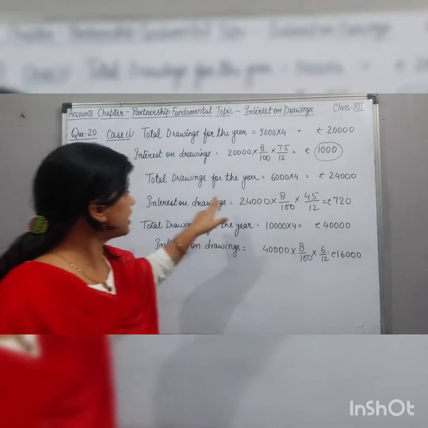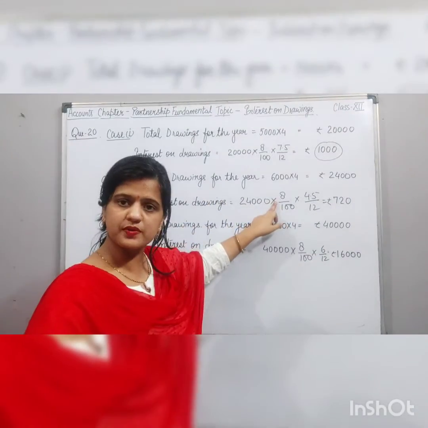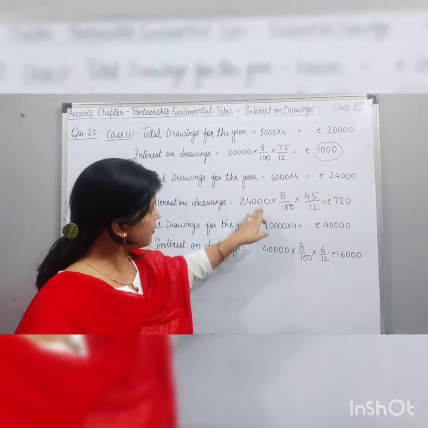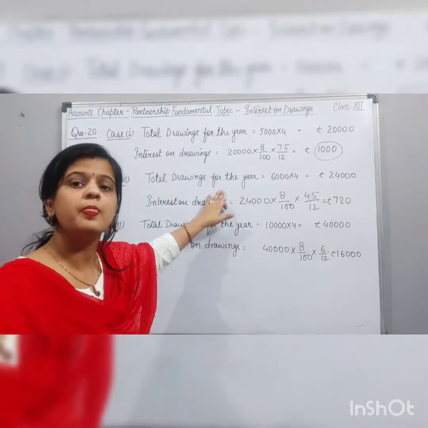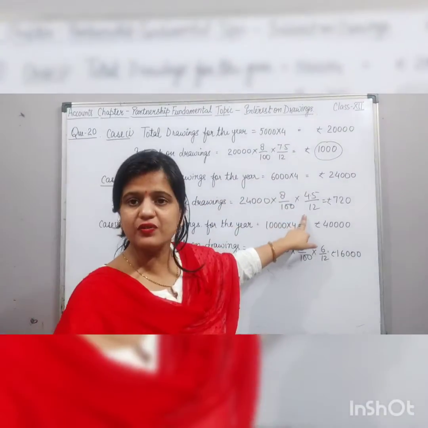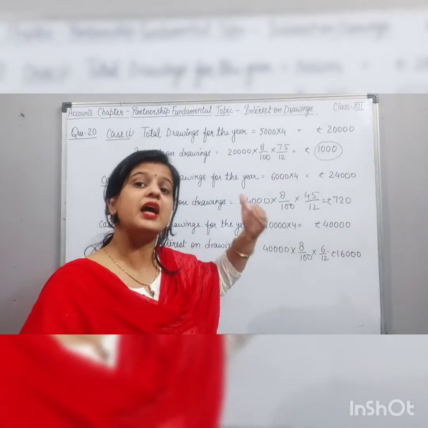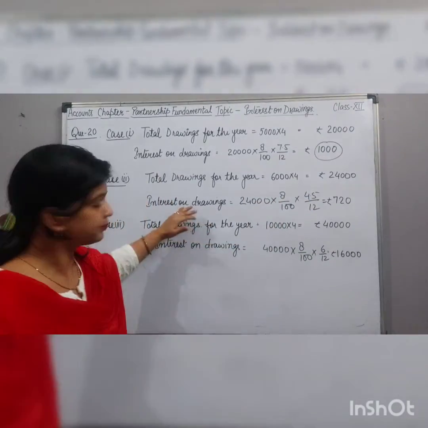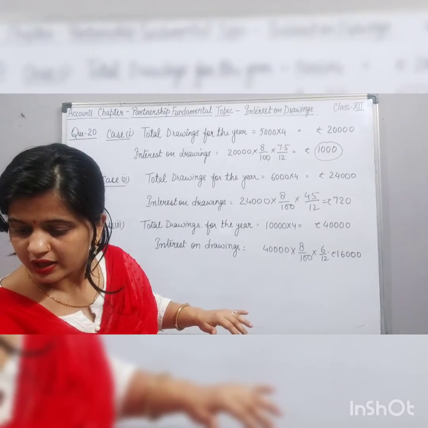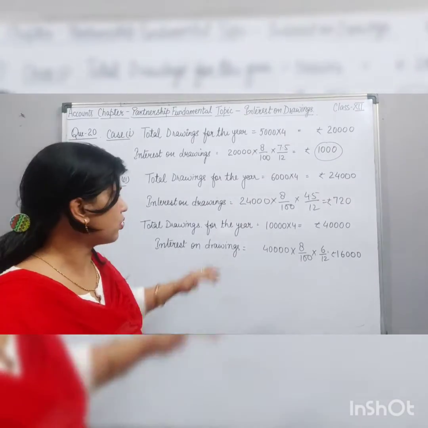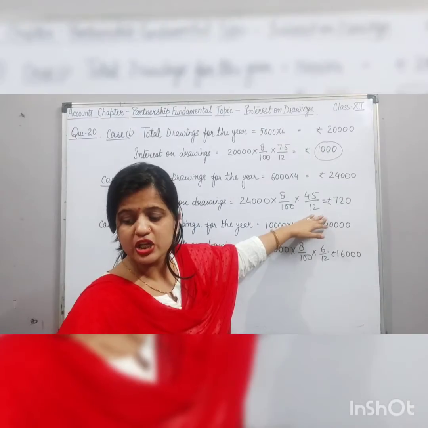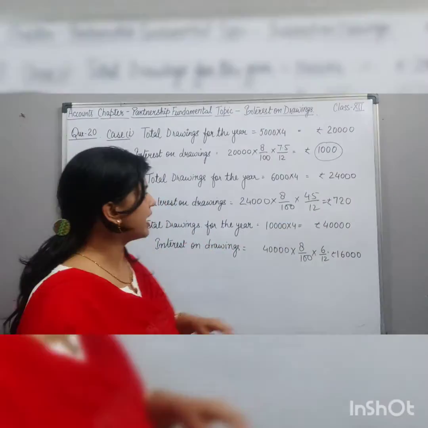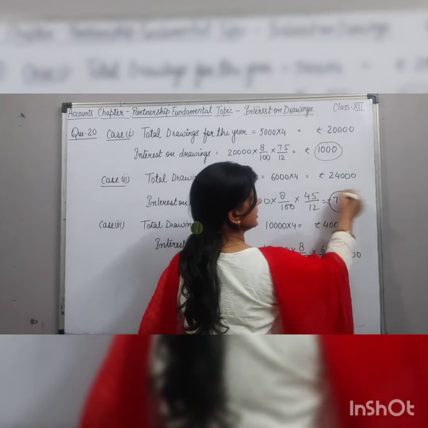The rate of interest is 8 upon 100, and for the average period at the end of each quarter, we have to calculate for 4.5 upon 12. Then we will get 720.